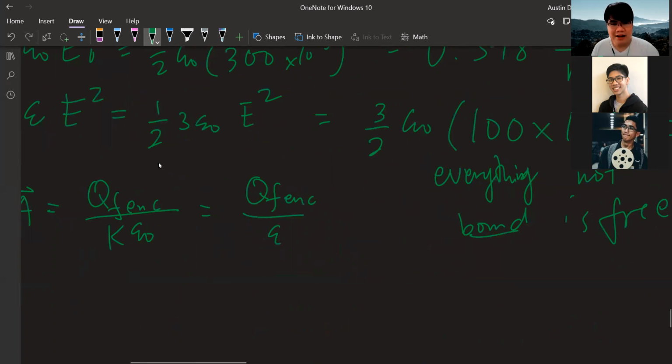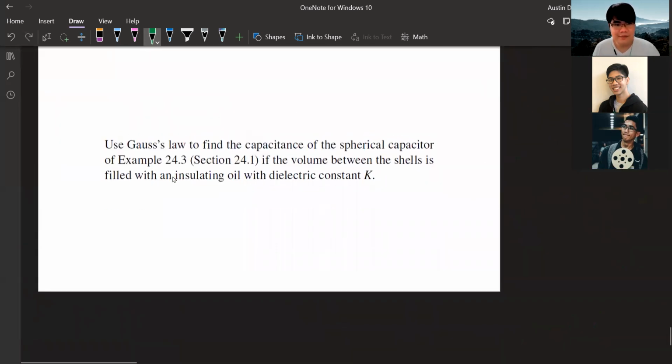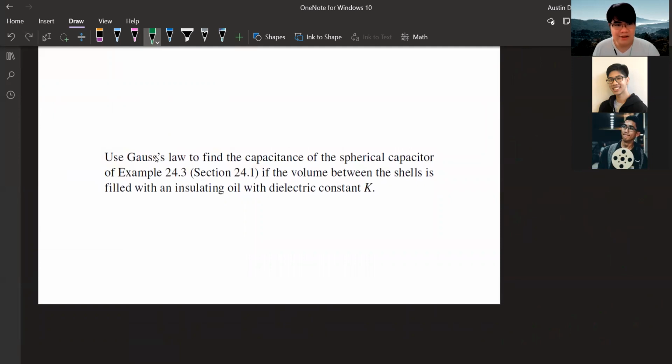Okay, so try natin para naman. Okay, so gamitin daw natin yung Gauss's law for the spherical capacitor, yung kanina.